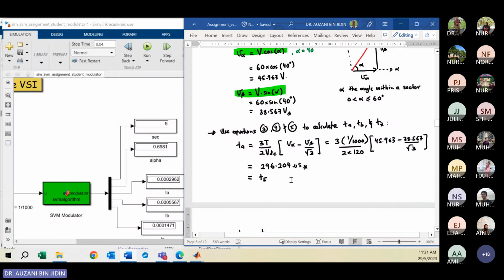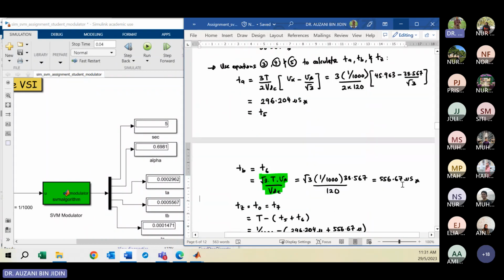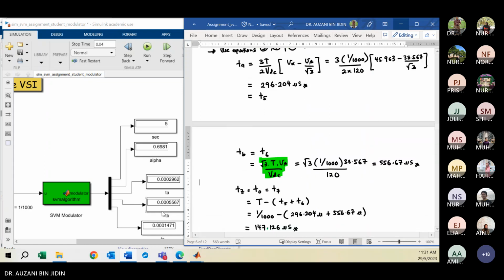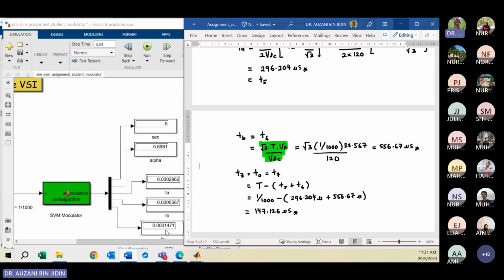TB, 556.7. And TZ, 147. Correct? Okay, so MATLAB produces the answer in radian. The calculation is in degrees, 40 degrees.